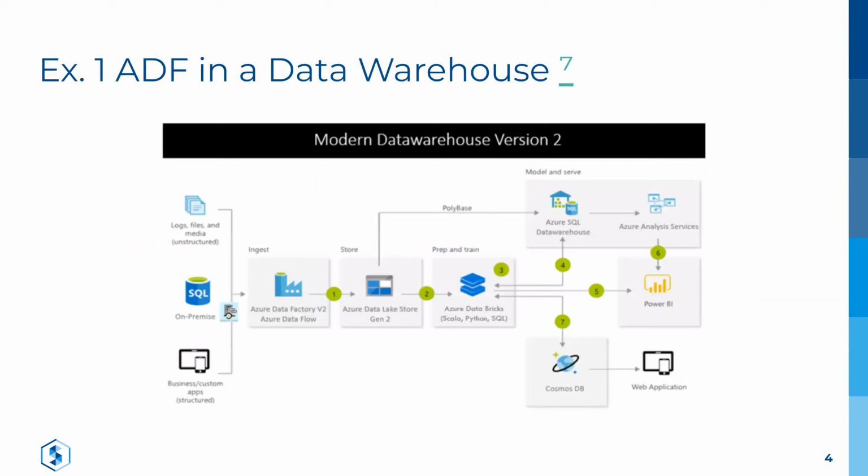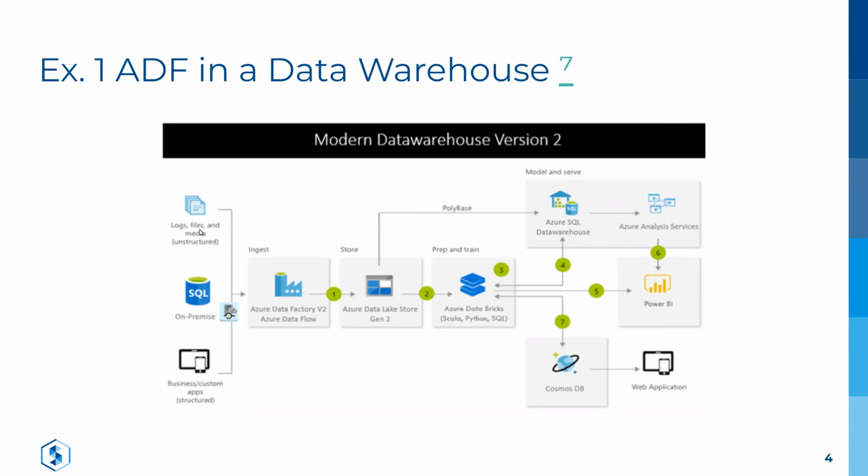So example one here is an example of Azure Data Factory in a modern data warehouse. We can see the data factory lives here, in the first step in this layout. This is just an example of how you might lay out a data warehouse. Of course, you don't have to do it this way, but this shows where Azure Data Factory might fit into different positions.